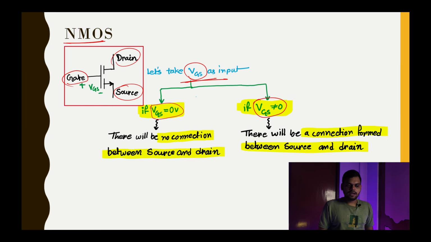You may assume it like a switch: when the voltage difference is present, the switch is connected, and when it is not present between gate and source, the circuit between drain and source will be open. Okay, so let's move forward again.